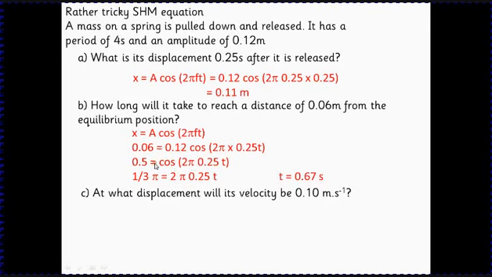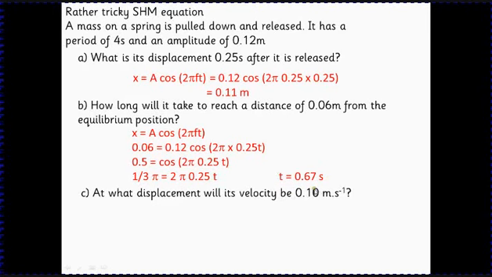Then the crucial step is to do cos minus 1, but make sure your calculator's in radians, otherwise you're going to get an angle in degrees. So that's 1/3 pi radians. So that's 2 pi times 0.25 t. So cancel out the pi's, divide 1/3 by 2 times 0.25. You end up with 0.67 seconds.